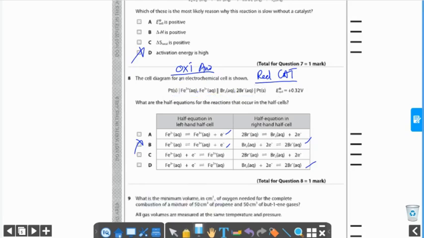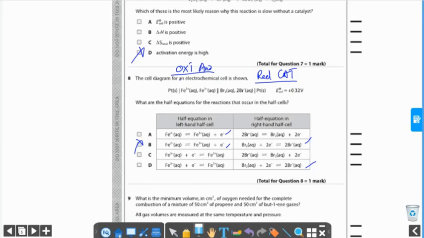No, this single line is for the phase boundary. So if it is in between iron and iron 2+, still we have to have a single line to show the phase boundary. And then the two parallel lines, double line, is for the solution junction, which is also known as the salt bridge.